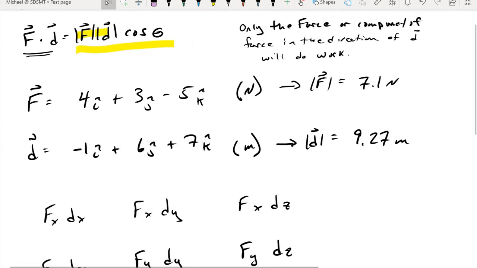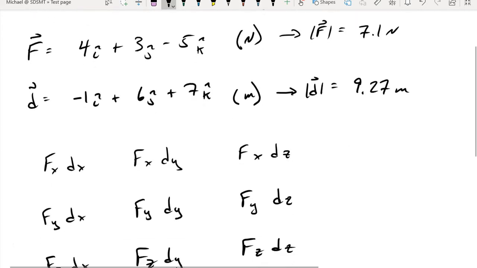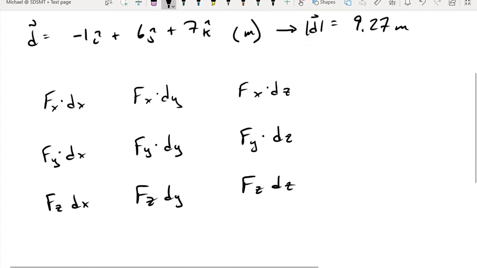Remember, back in chapter 3, components of vectors are themselves vectors. They just happen to exist in one given axis. But this is actually very helpful to us because now if we attempt to take the dot product of every one of these combinations, dot products produce scalar quantities that can then be added together.